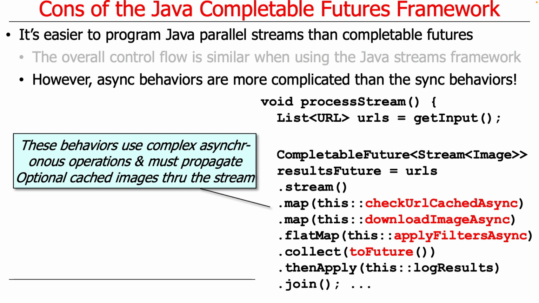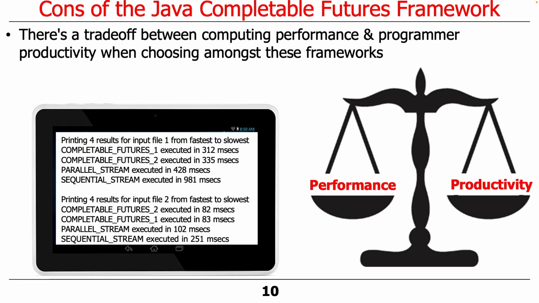You have to wait till it's got a value, and that would defeat the whole purpose of completable futures. So instead, we wrap everything up into optionals, and then we pass the optionals down through the stream. The way these other behaviors are implemented is that they have to explicitly check to see if they've got an empty optional, and in that case, they do nothing. Otherwise, they do whatever they're supposed to do: download, filter, store, and so on. So the behavior here is more complicated, and the code is not quite as intuitive to look at.